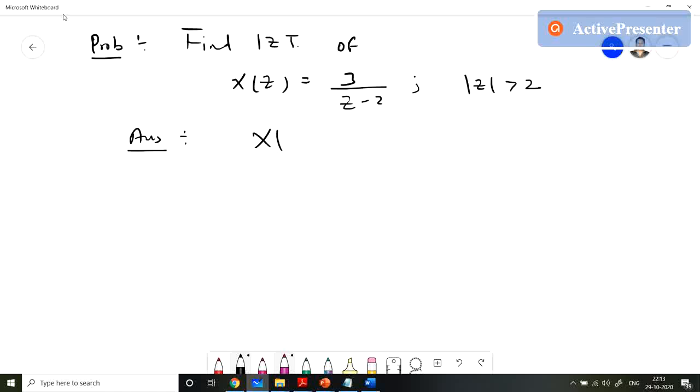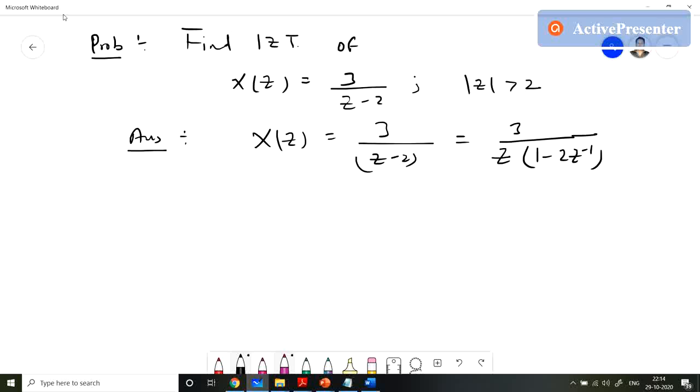So X(z) is equal to 3 divided by z minus 2, and what we can do is take z common, so it is equal to 1 minus 2z inverse. And now we can write this as 3z inverse divided by 1 minus 2z inverse.